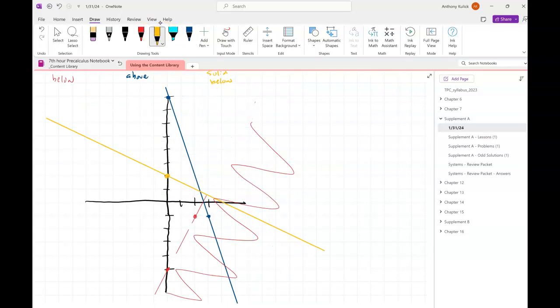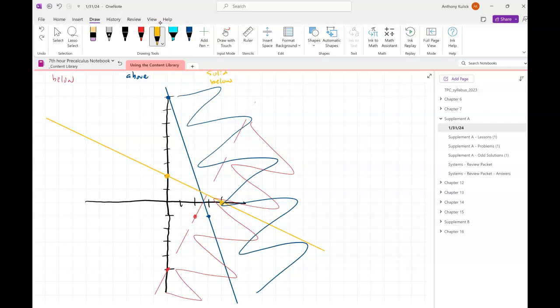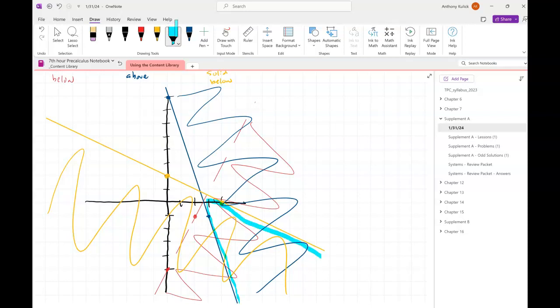And the yellow line, we're below. All right. So where are all 3 colors being drawn? Right in there, right? So like that's my region.